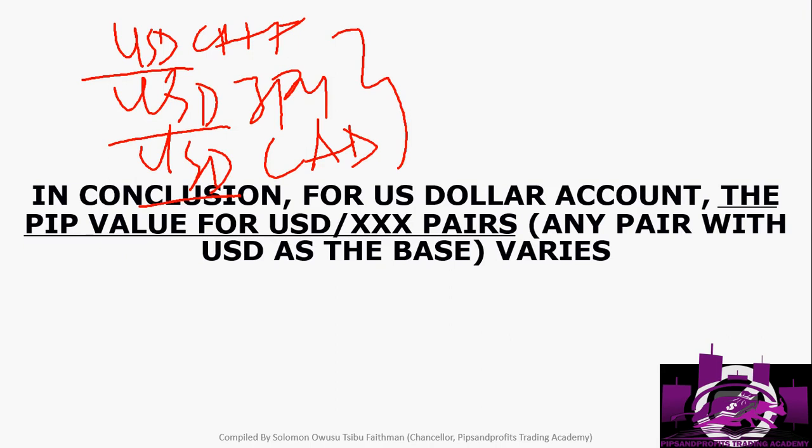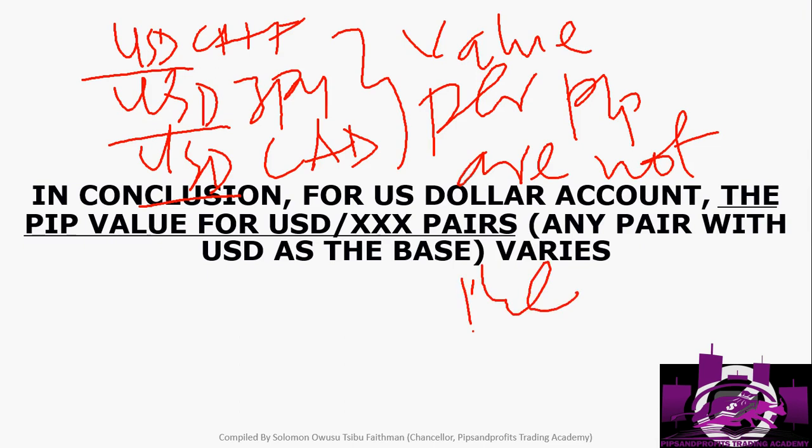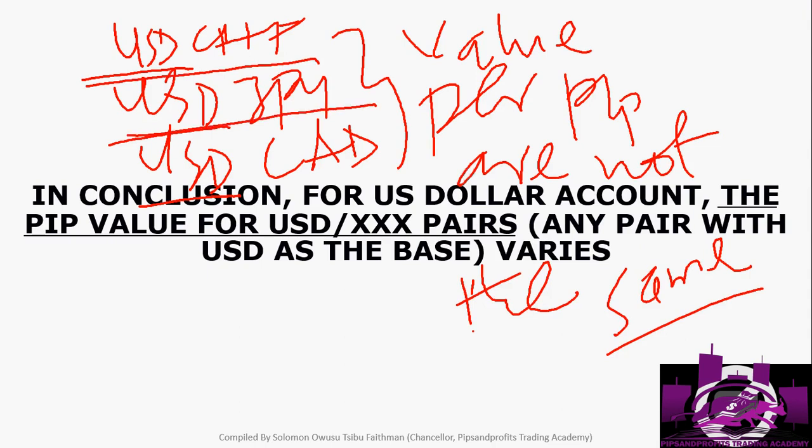They are not the same. The value per pip is not the same. They vary. It means that when you are trading these assets, if for instance you make, let's say, 30 pips on this, 30 pips on this, 30 pips on this.